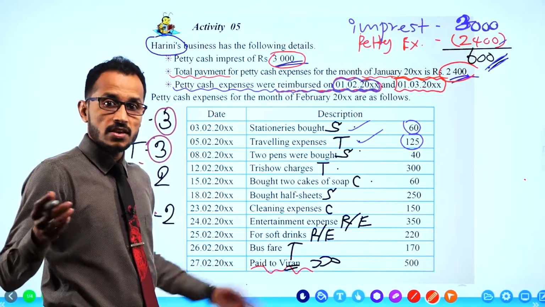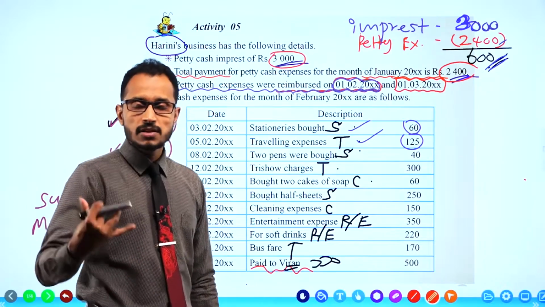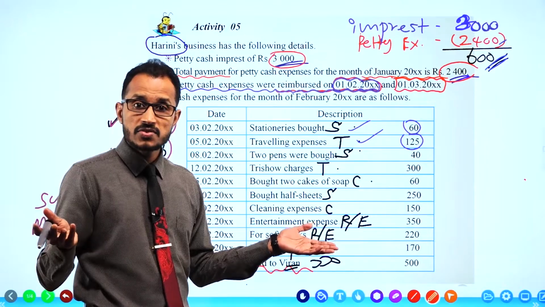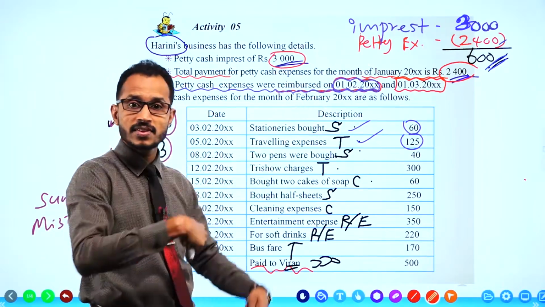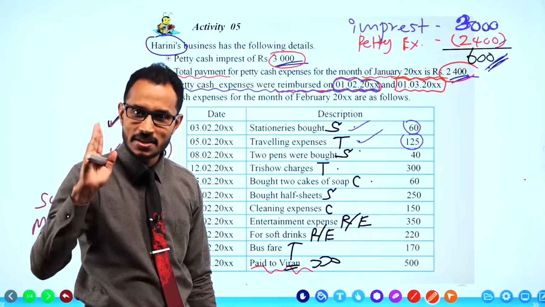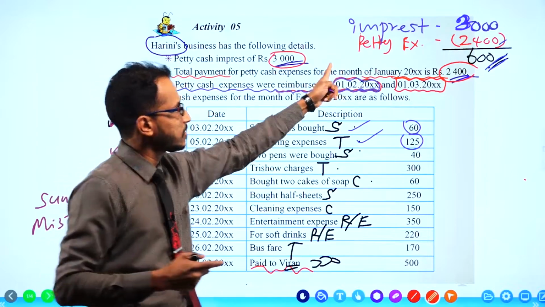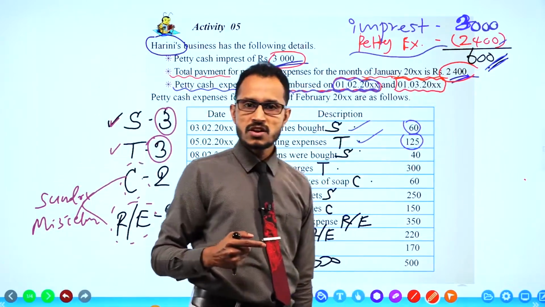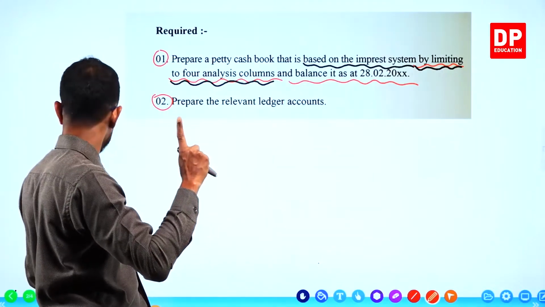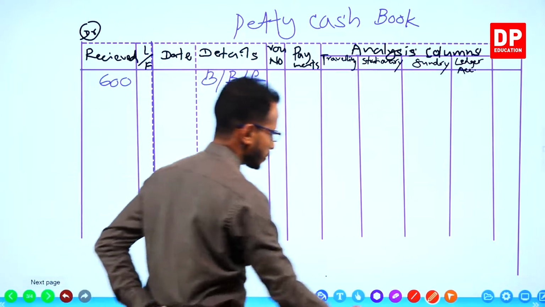If 600 is remaining to start February, how much should be received from the main cashier? The amount spent in the last month, which is 2,400. That is the reimbursement on 1st of February.